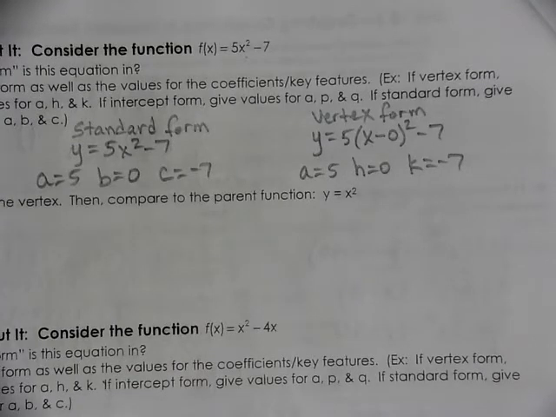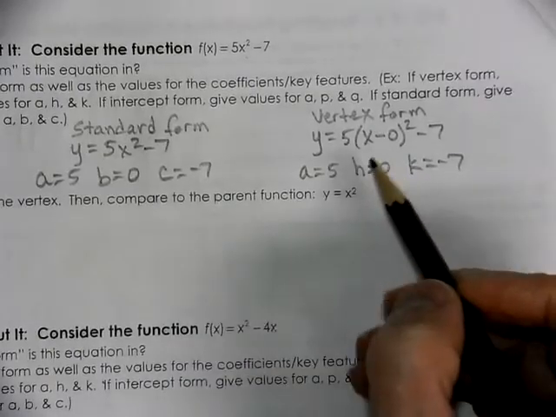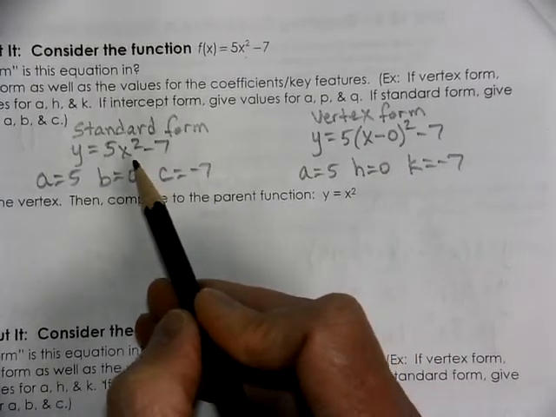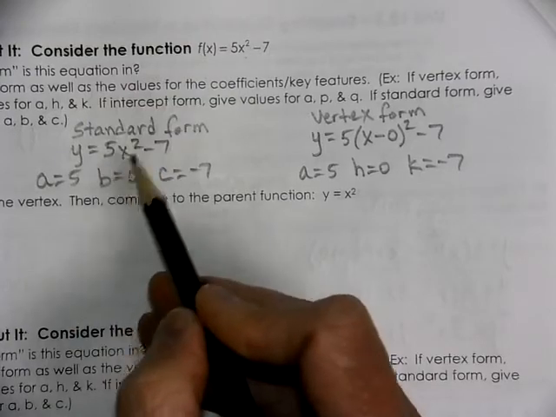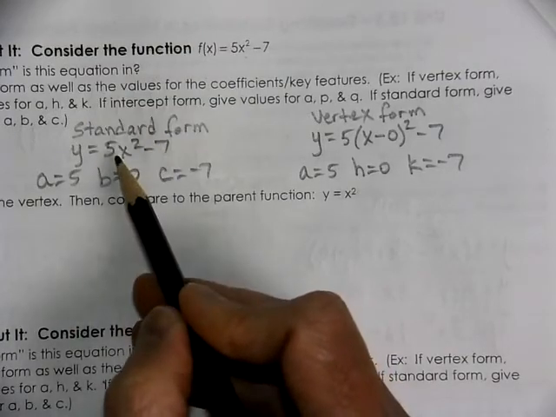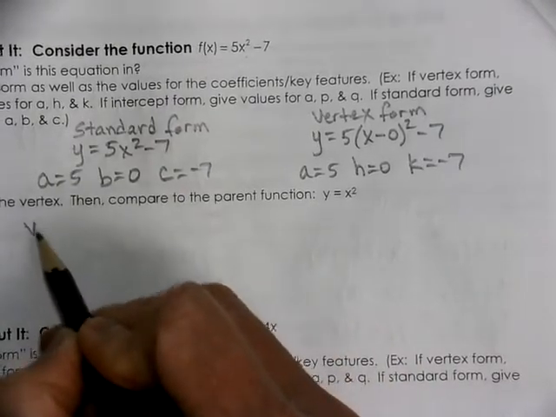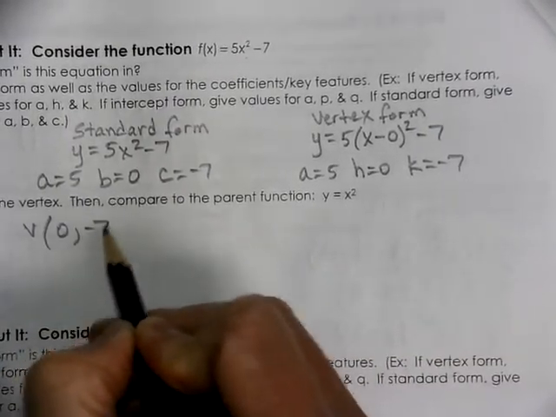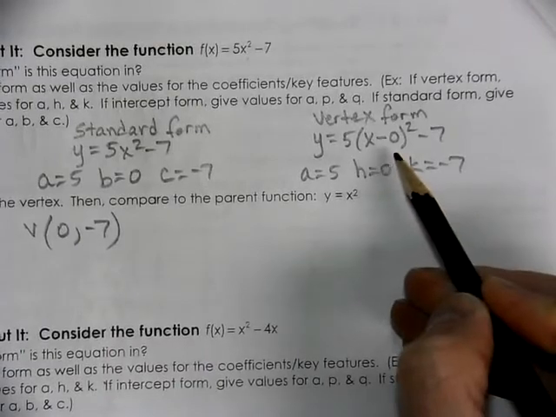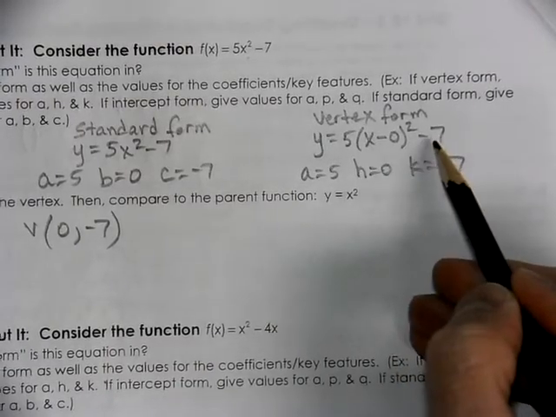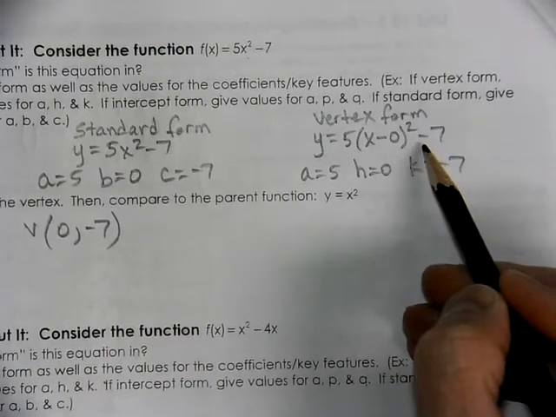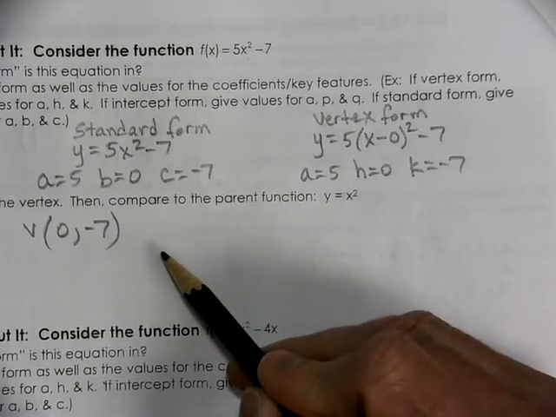You've got the same exact equation. So we're supposed to identify what the vertex is. Well, in this case, we have our parent function, and we stretch it by a multiple of 5, and we translate it down 7. So we have a vertex at 0, negative 7. We could also look at vertex form and see 0, negative 7. So we're going to get this vertex to be the same.